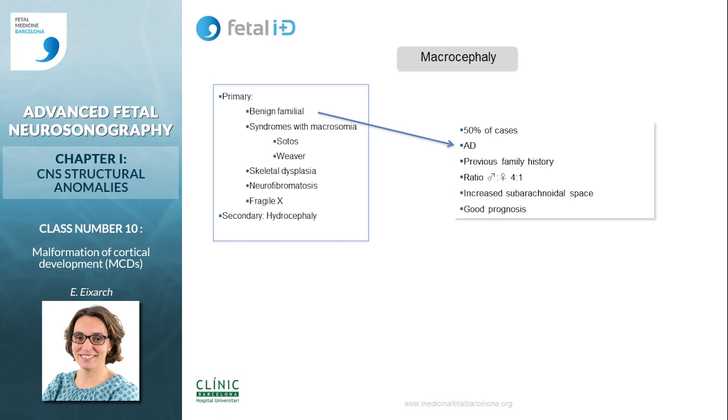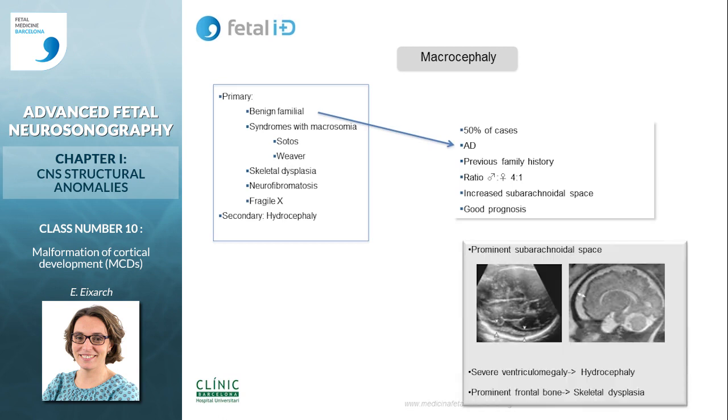And how do we see it? With an increased subarachnoid space. In case of macrocephaly associated to other pathologies, such as hydrocephaly, we can identify a severe ventriculomegaly, or in the case of a skeletal dysplasia, we could see a prominent forehead.